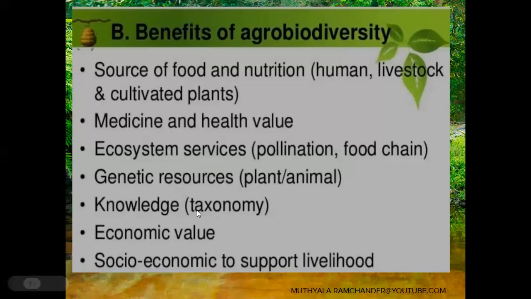And the knowledge is also called taxonomy. If we easily identify plants and animals based on the knowledge, they are classified into different groups, families, divisions, orders, genus, species, based on the knowledge of these animals and plants. It is also called taxonomy.